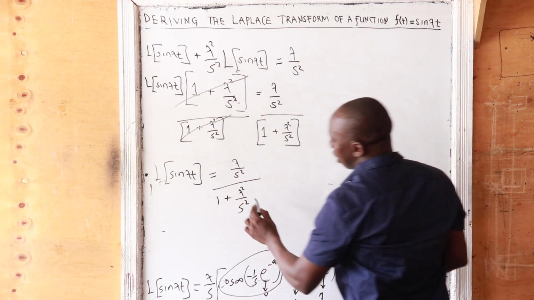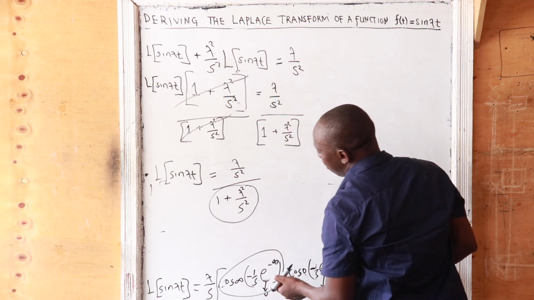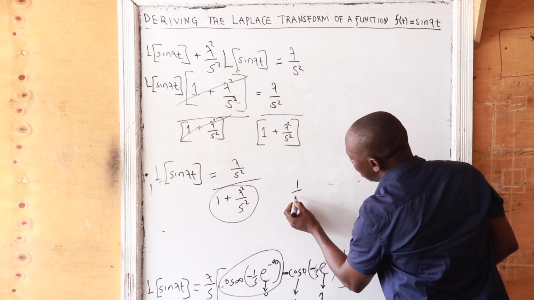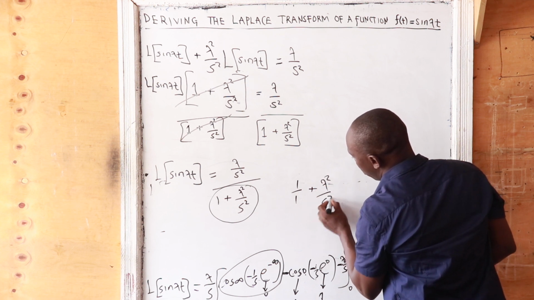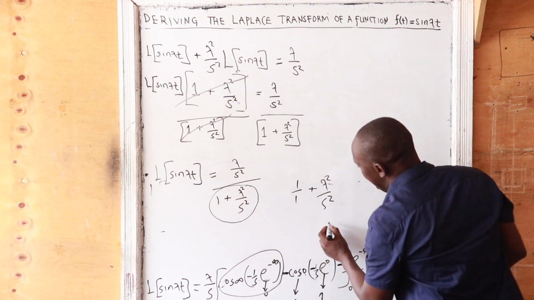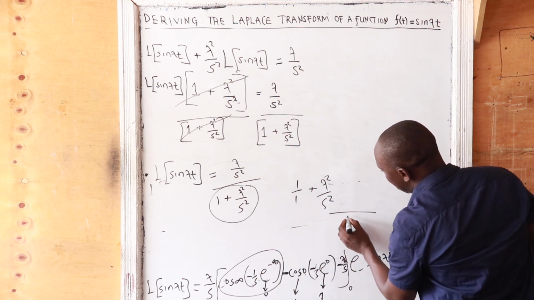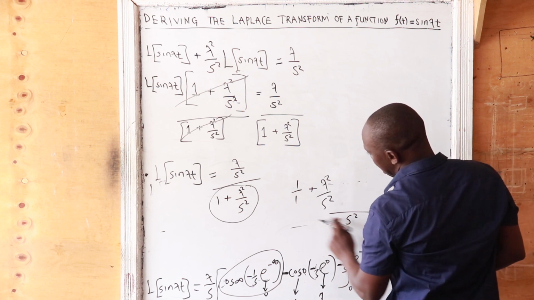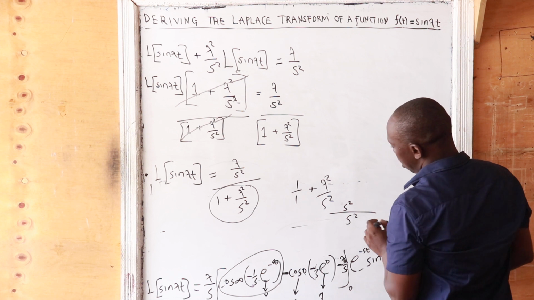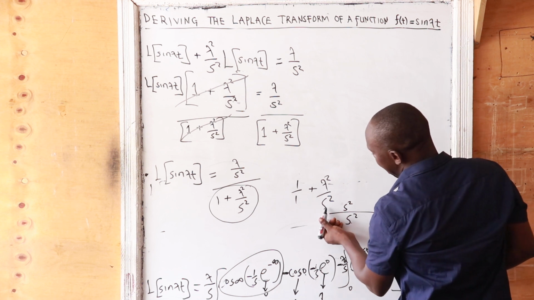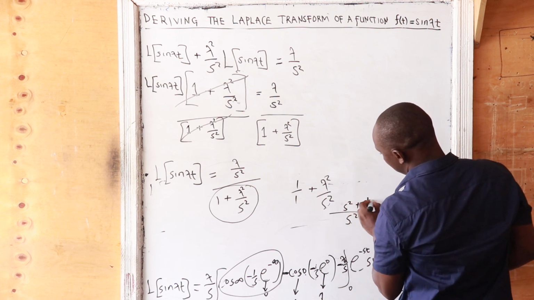We can choose to work with the denominator first. Let's work with the denominator first. We can write it as 1 plus lambda squared over s squared. When we add, we take the LCM, which here is s squared. S squared divided by 1 is s squared times 1, it is s squared. S squared divided by s squared, you get 1. 1 times lambda squared, you get lambda squared.